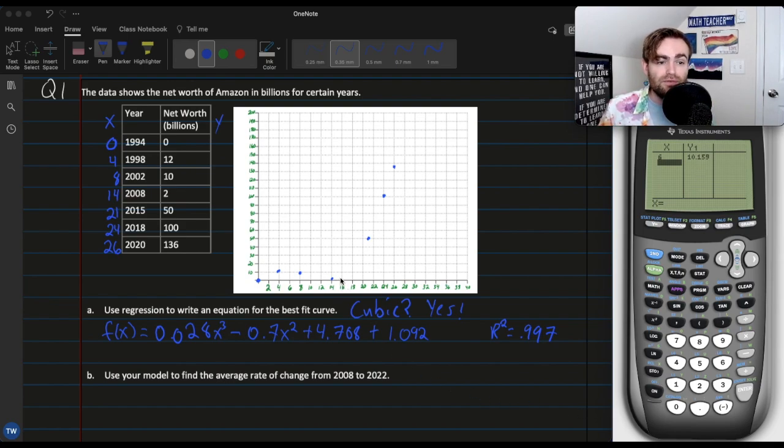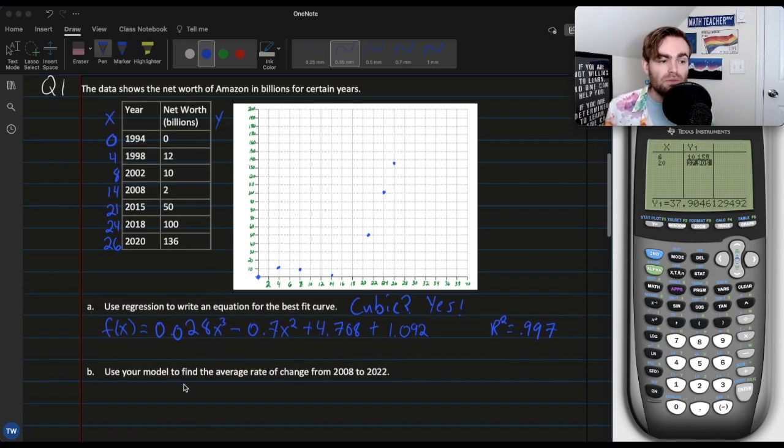If I wanted to find what the net worth would be in, let's go with 2014, which would be 20 years after 1994, well, we can scroll on top of it if we're not sure what that says. So that's about $37.9 billion in net worth. That's pretty good. So we're using our function here to estimate values that we didn't have before.